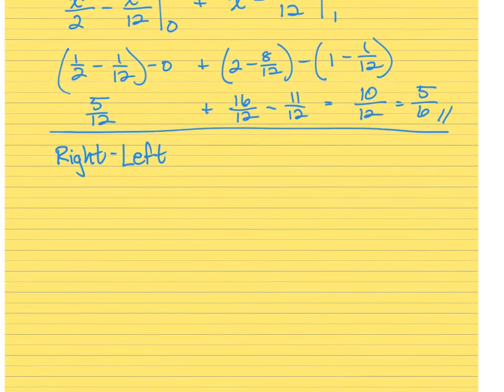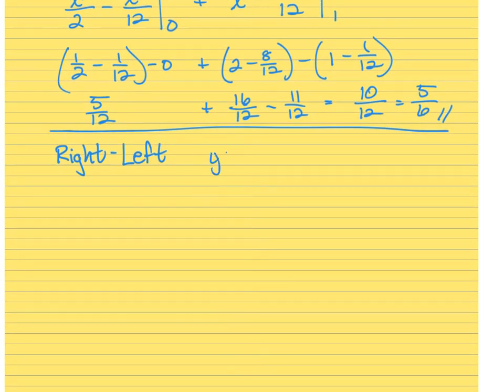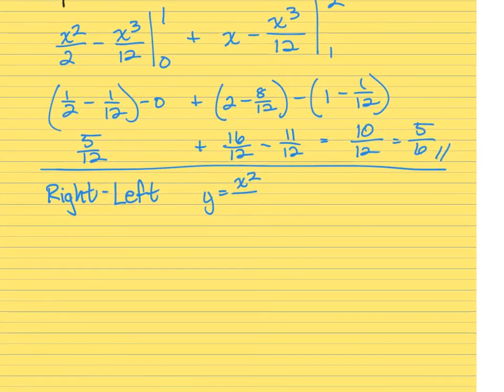But again, our right function is y equals x squared over 4. But if we're using the right and left functions, we need our functions to be functions of y. So this becomes x equals the square root of 4y, or just 2 square root of y. And this is what it looks like when it's a function of y. So that would be our right function.